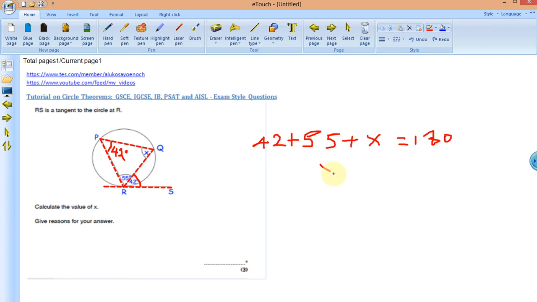So x will give me 180 minus the sum of those two guys there. So 42 plus 55 is 97. So minus 97. So x equals to, so 180 minus 97 is 83. So x equals to 83 degree.